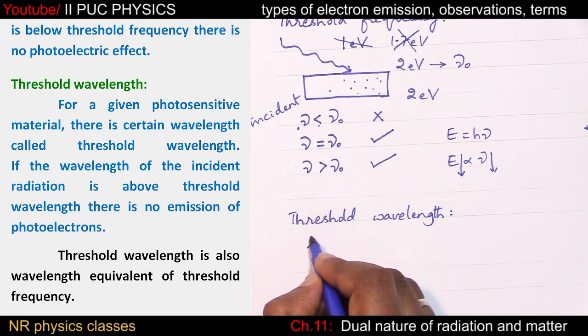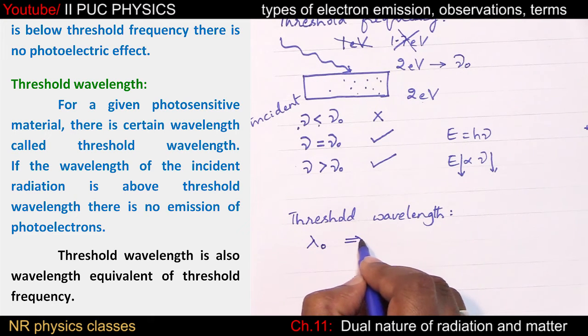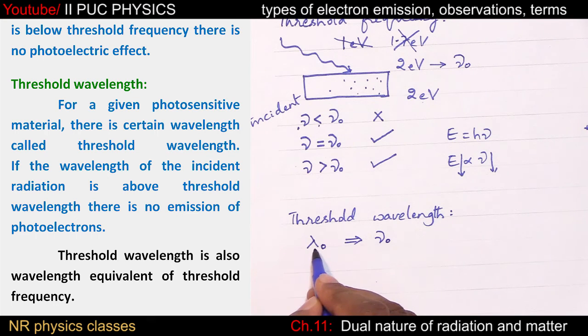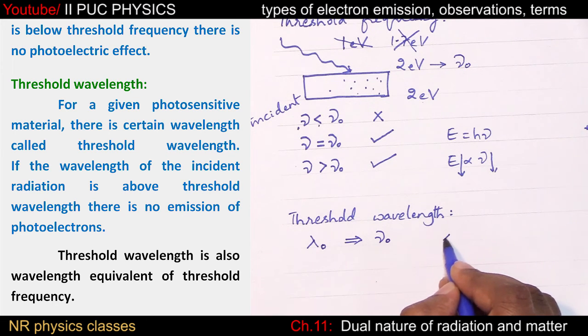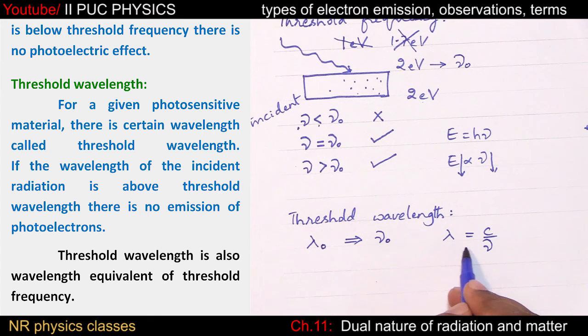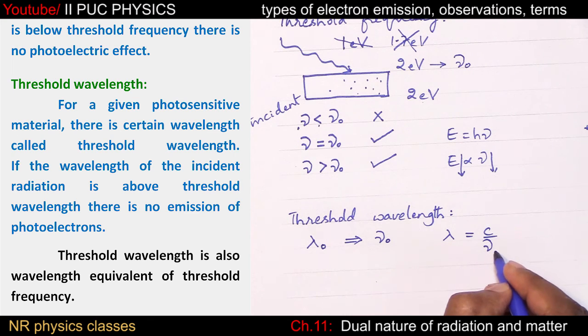So threshold wavelength, denoted by lambda naught, is the equivalent of threshold frequency. To get threshold wavelength from threshold frequency, lambda equals c by nu. We have discussed this equation in the beginning of the chapter. If this is the threshold frequency, then this is the threshold wavelength.